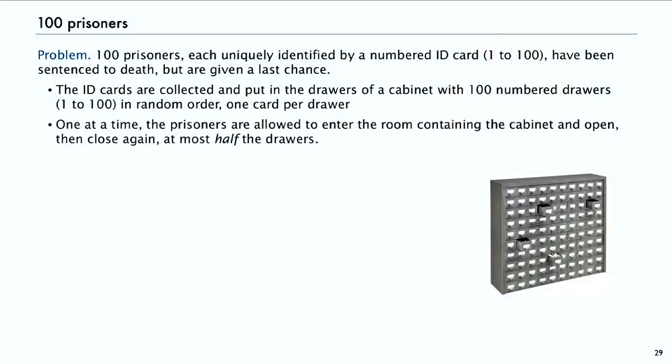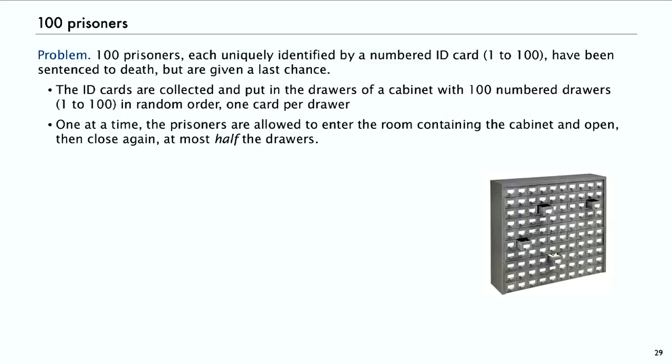Now the prisoners, one at a time, are allowed to go into the room that has the cabinet and open a drawer, look at a card, and then close the drawer. They get to do that for at most 50 drawers. So each prisoner can look at 50 drawers, but not all of them.